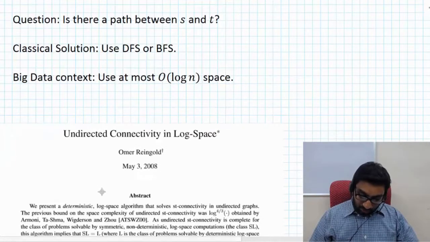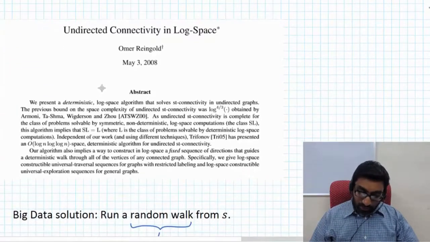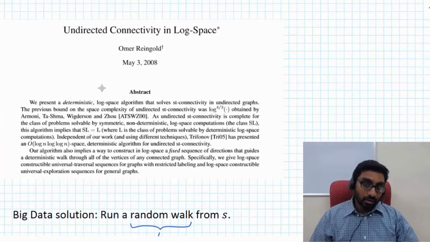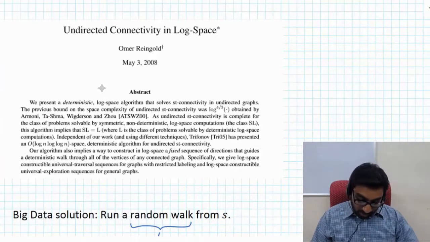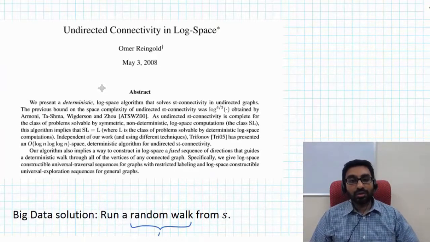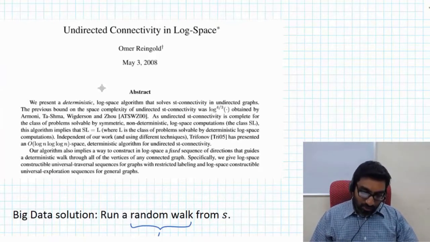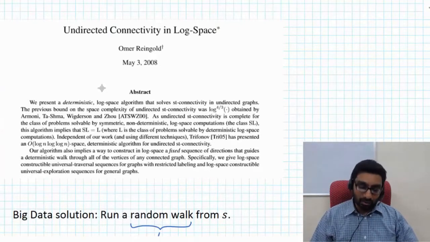As I alluded to, this problem has very interesting complexity theory implications. In particular, the question of whether symmetric non-deterministic log space computation equals deterministic log space computation. This was a big open question that got resolved in the mid 2000s thanks to Omer Reingold.